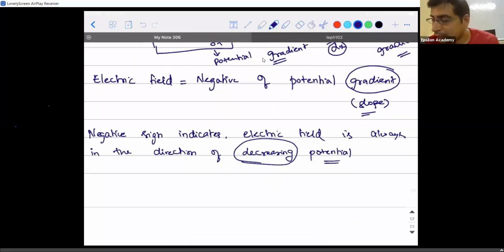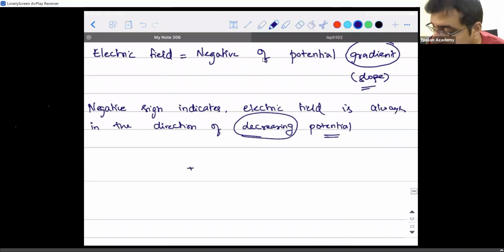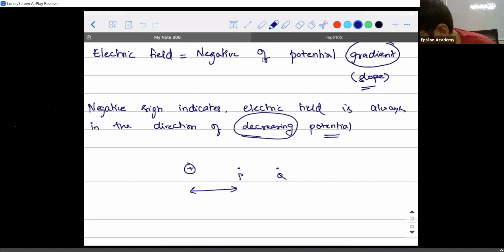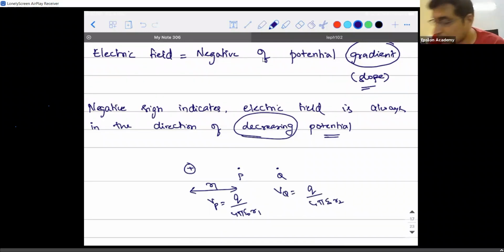It's very simple to understand. If I have a positive charge here, a point P here, and a point Q here, then the potential at point P is Q divided by 4 pi epsilon naught R1, and the potential at point Q is Q divided by 4 pi epsilon naught R2.